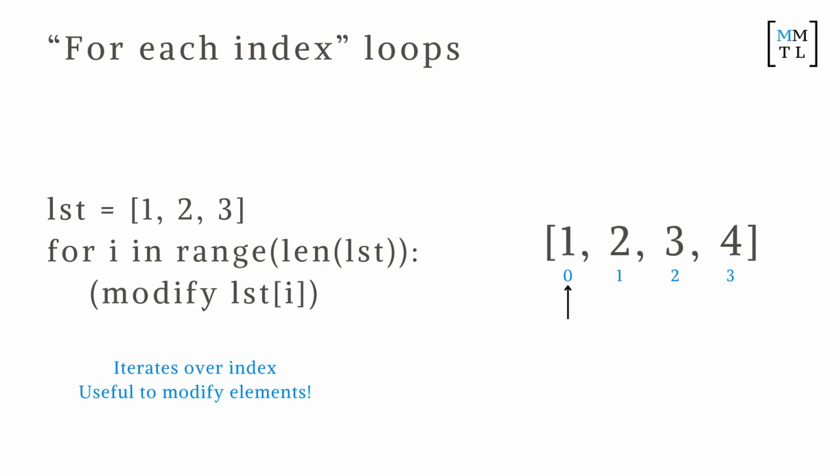It will basically evaluate to for i in range 3. Then you can modify or do something with that index. A very useful use for this for each index loop is to modify different values in the list. It iterates over the index and it's very useful to modify elements. So it iterates over each index of the list.